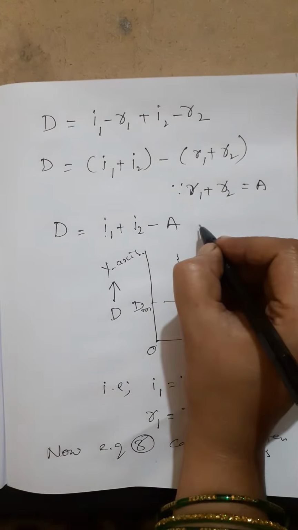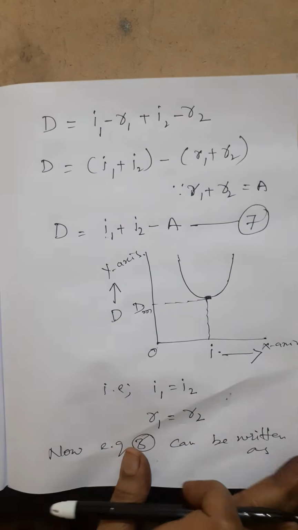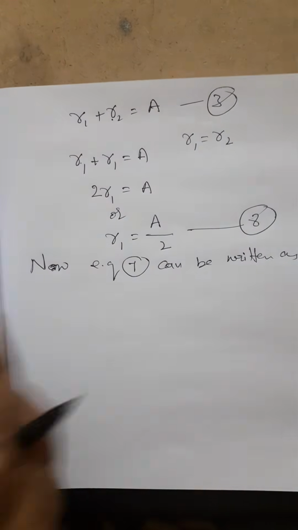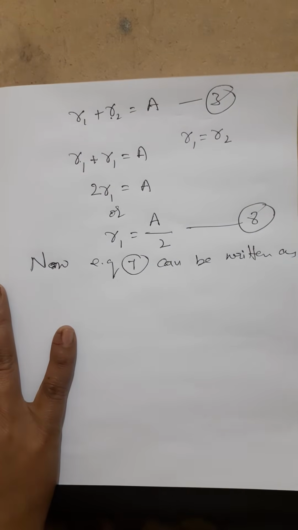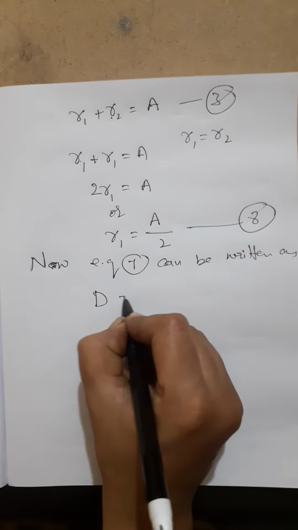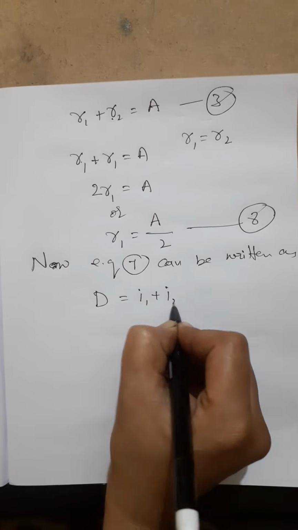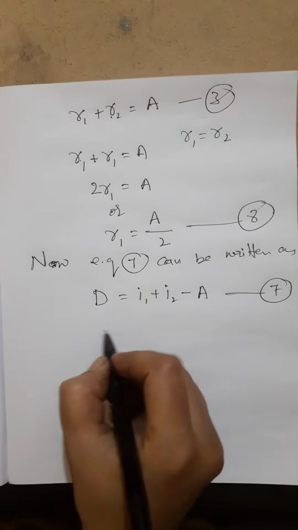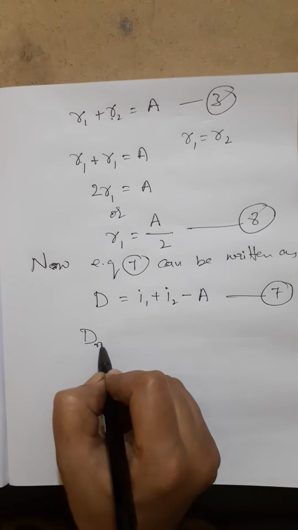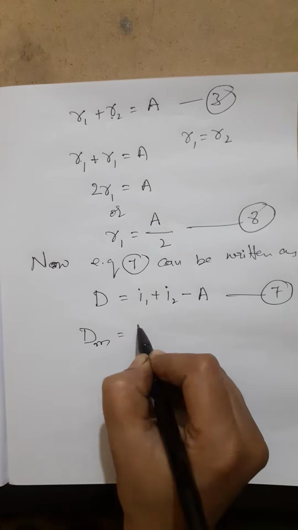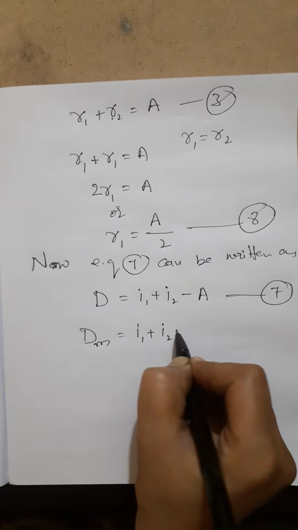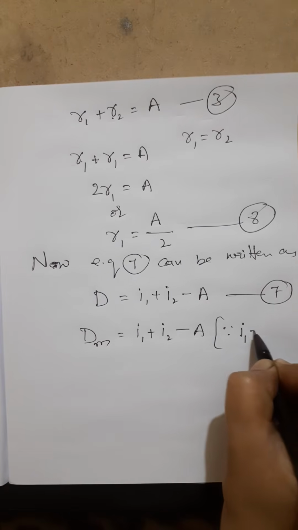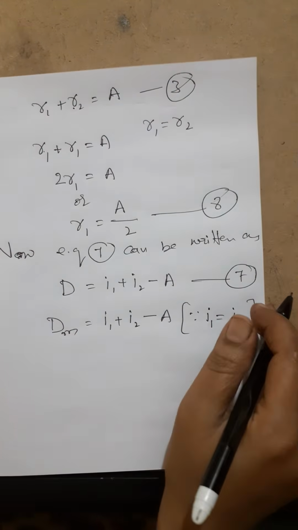This one is equation number 7, that is D is equal to I1 plus I2 minus A. So at minimum deviation position, we know that I1 is equal to I2.